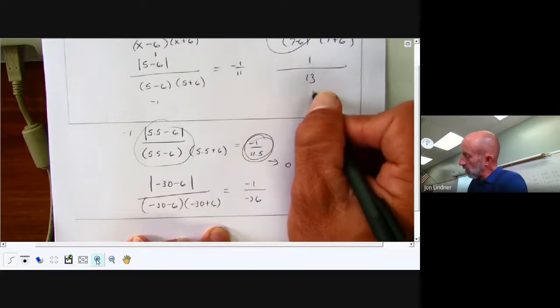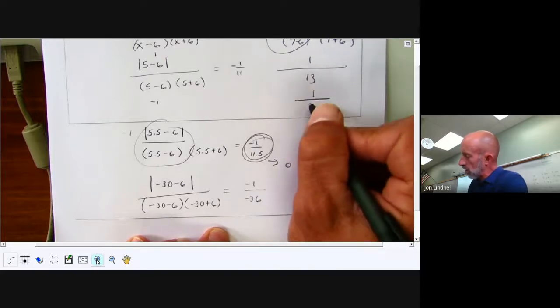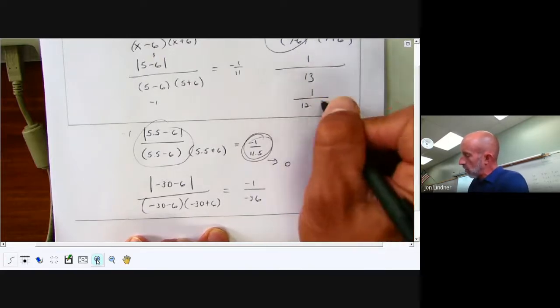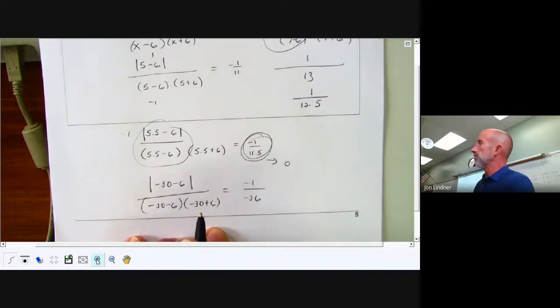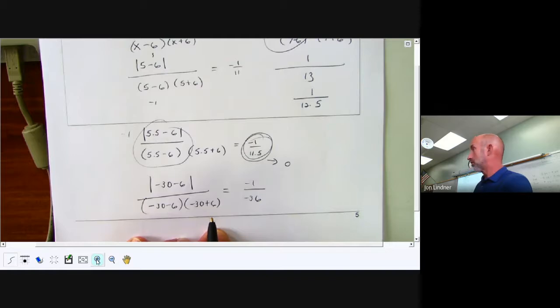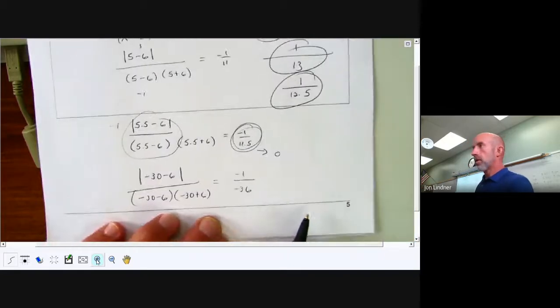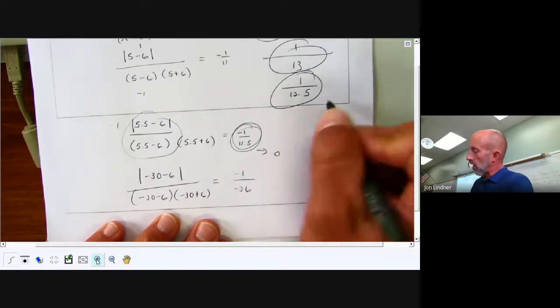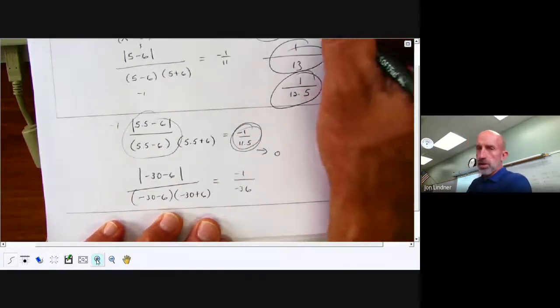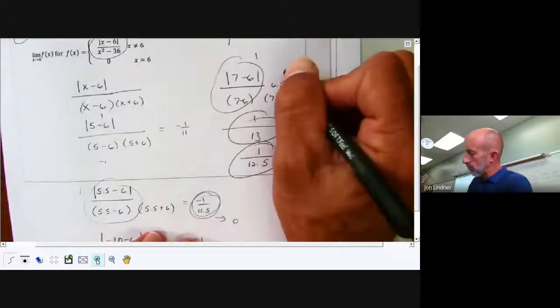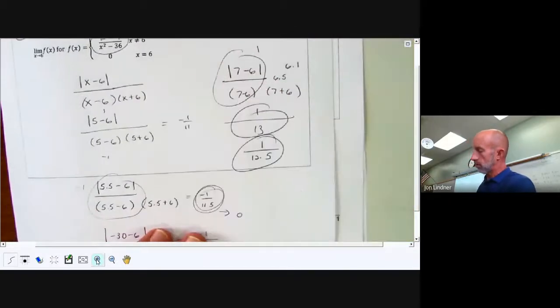And this is why we need to consider what's going on here. This will be 1 over 12.5. It's not getting smaller, it's getting bigger, isn't it? Is this approaching 0 now? Doesn't appear to. Okay. As a matter of fact, what if I were to do 6.1?